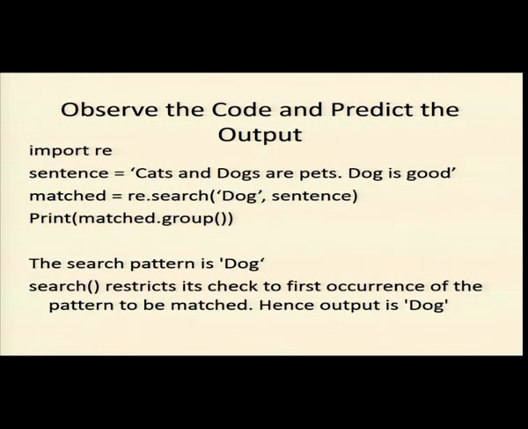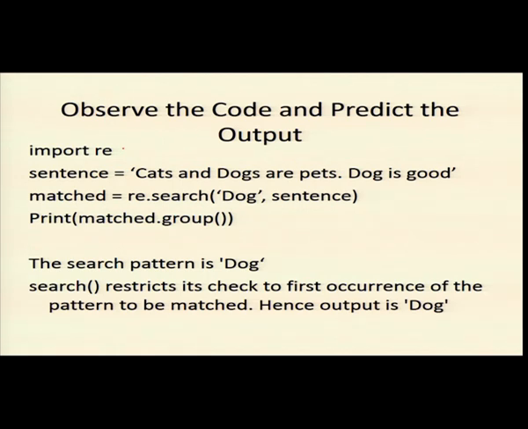Now, let us see the next code snippet and identify the output. Import re, sentence equal to "cats and dogs are pets, dog is good." Cats and dogs are pets, dog is a good pet, or I have given it as dog is good.